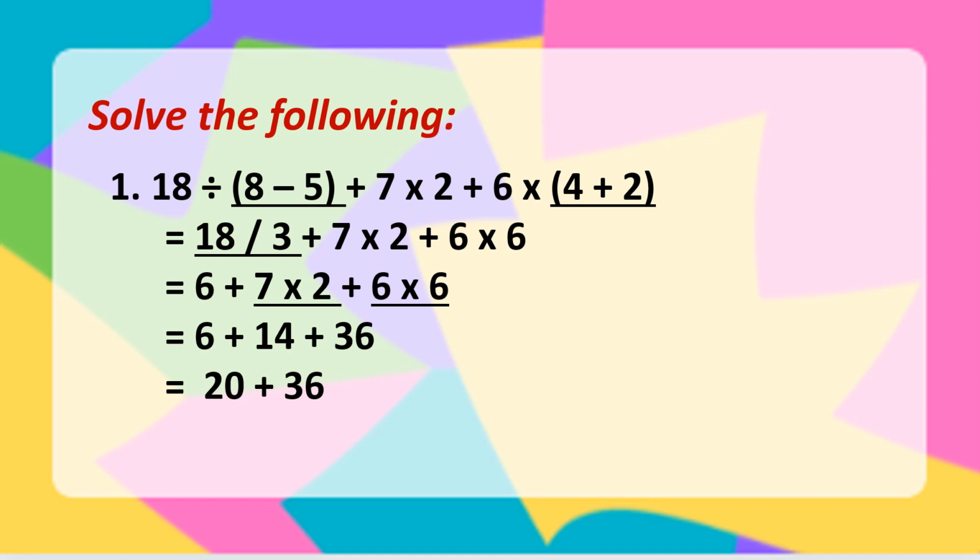Next, since it is already addition, all you have to do is get the sum. So 6 plus 14 plus 36. And the answer is, okay, alright. So 20 plus 36 is 56.